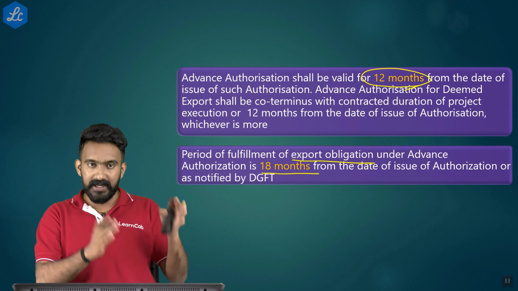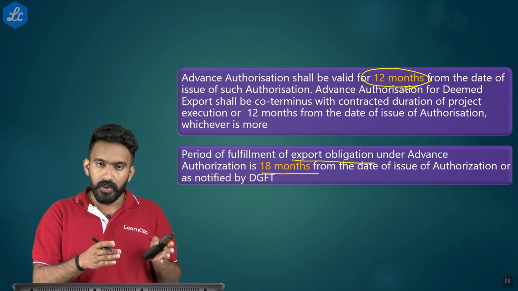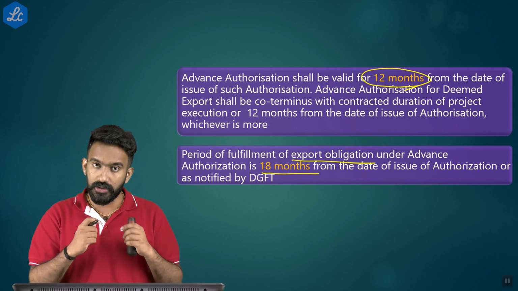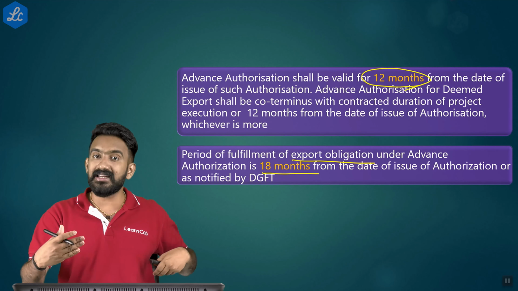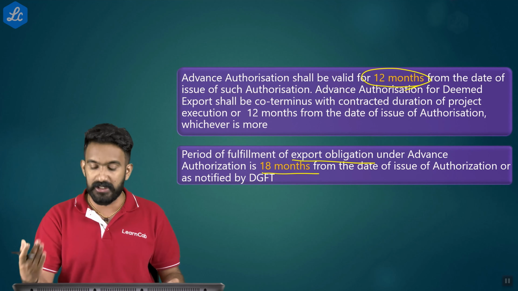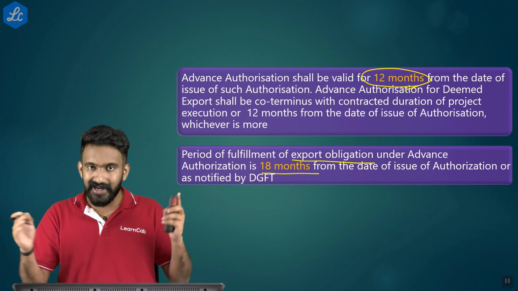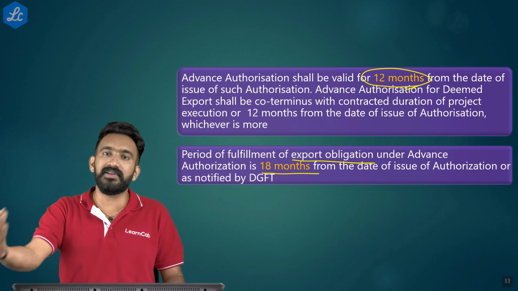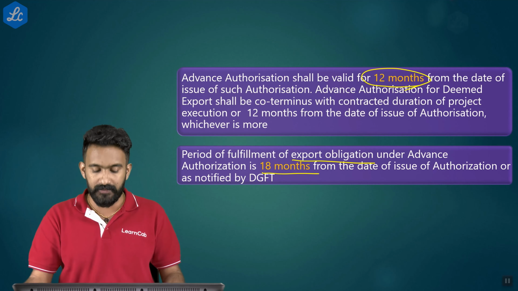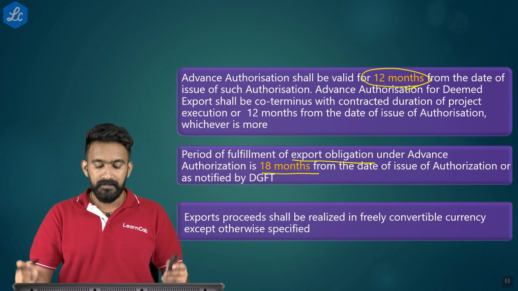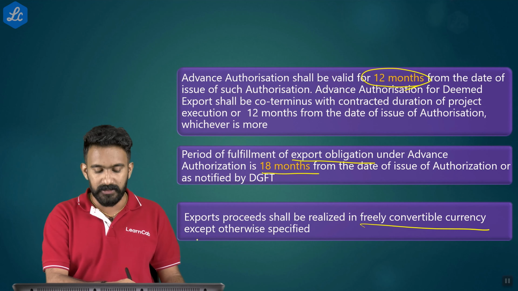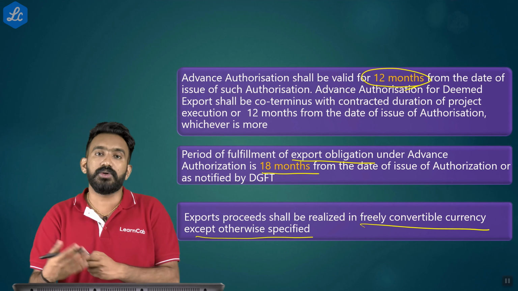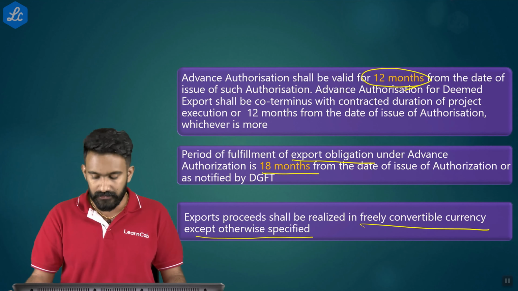So I get an authorization, I have to import within 12 months, and from the date of authorization or the notified date, within 18 months, I'll have to meet the export obligation. The government has to ensure that these are effectively contributing to my export revenue. Now, export proceeds shall be realized in freely convertible currency unless otherwise specified. So you'll have to get it in foreign currency.